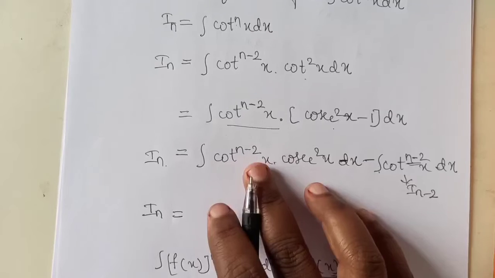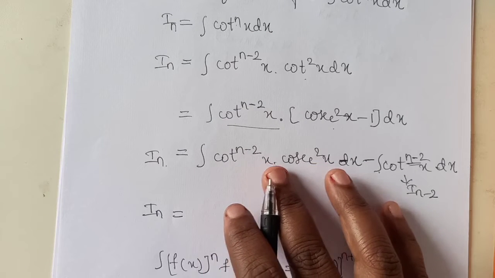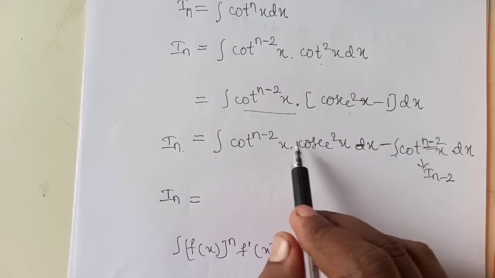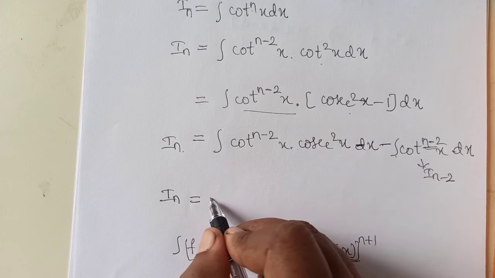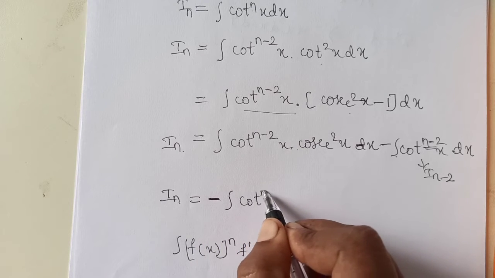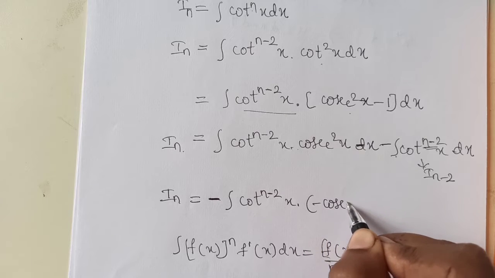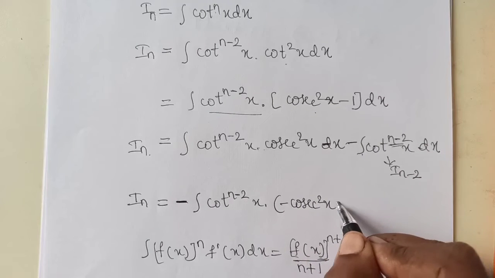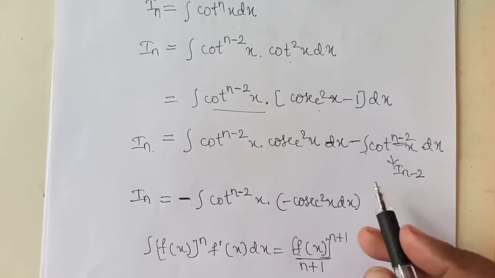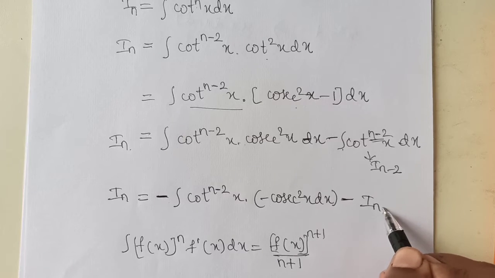But here we have only cosec^2 x, and the differentiation of cot x is minus cosec^2 x. So for that we multiply this term with a minus, therefore we consider minus integral cot^(n-2) x into minus cosec^2 x dx. Okay, so minus into minus becomes plus now. This minus, so it can be replaced by I_(n-2).